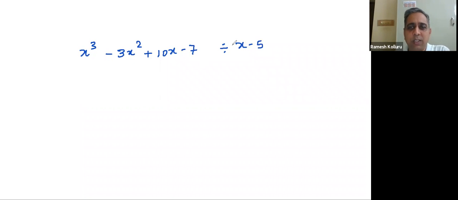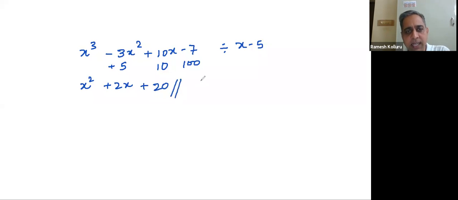Because this is 1, an easy way to do it is x squared, 1 quotient here, so plus 5 is 2x, 5 2s are 10, right? 20, and then 20 into 5 is 100, which is 93. So when 1 is there, you can directly write it the easy way.